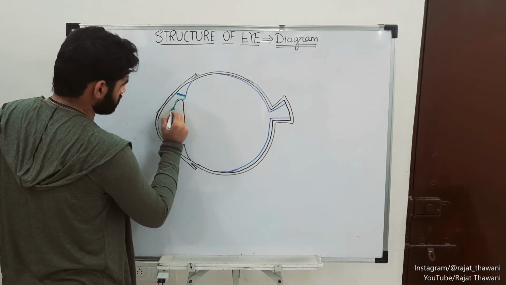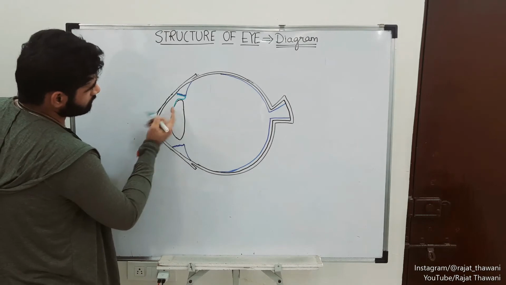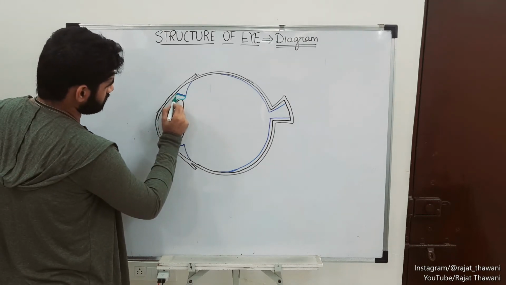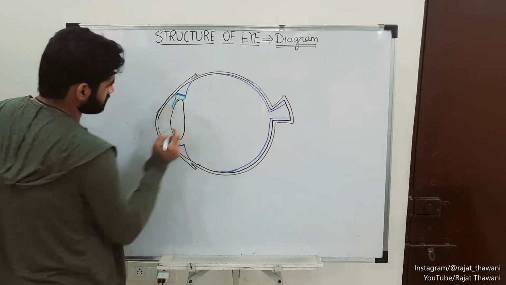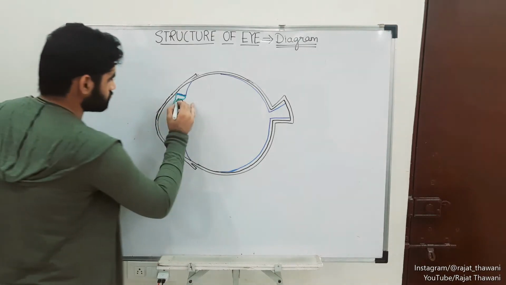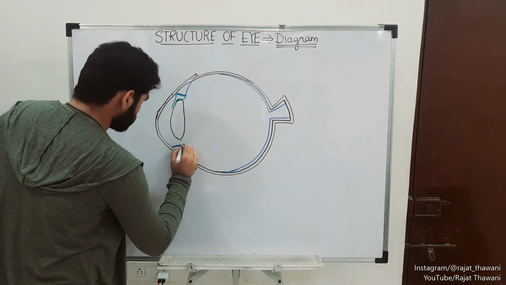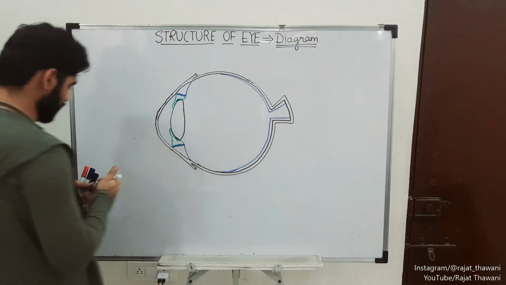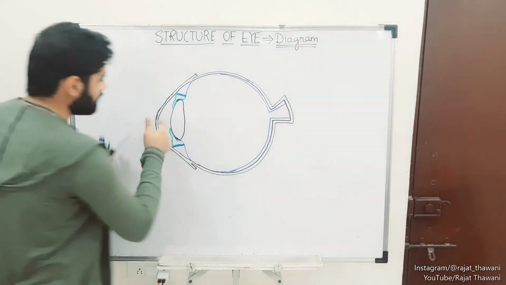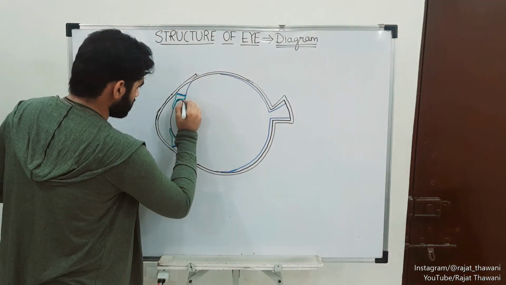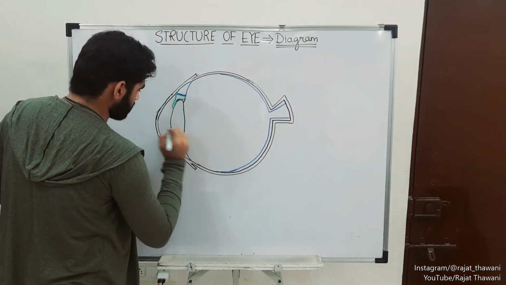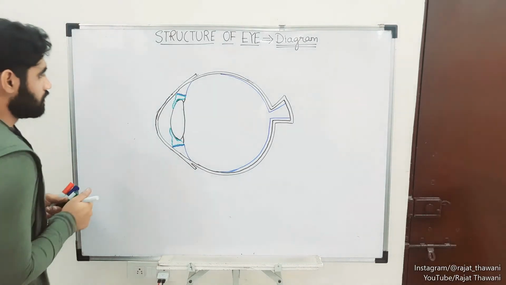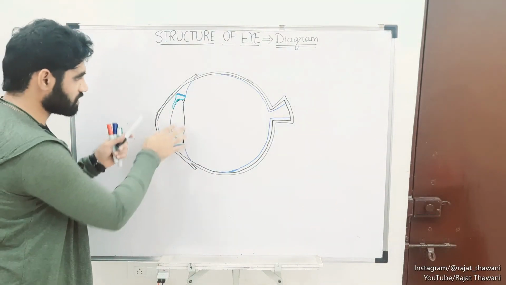Pull this down maybe to a quarter of the part, and even here, a similar thing has to be done. So this is the iris. However, the iris is also connected to the lens with the help of a ciliary ligament. Draw that ciliary ligament. So this is a bit of outline.